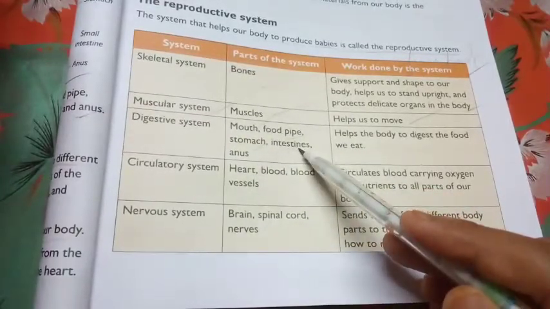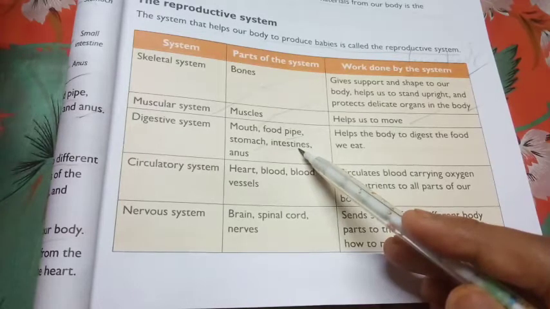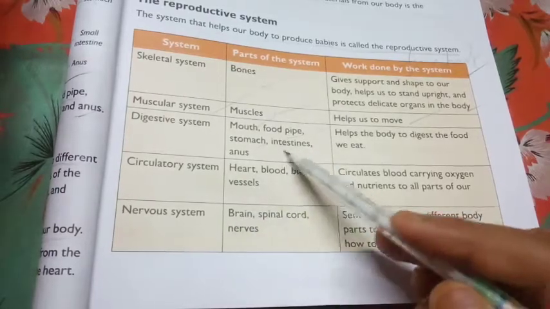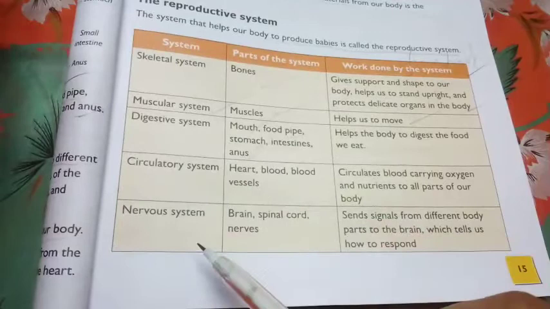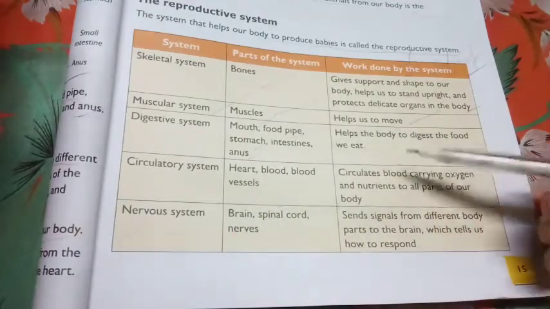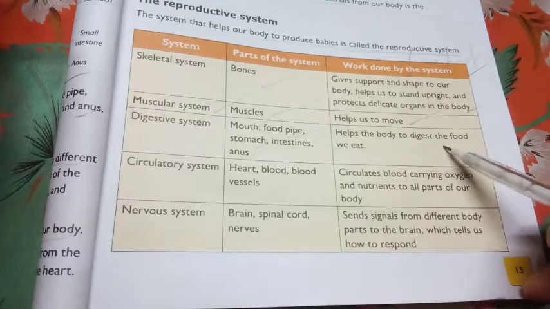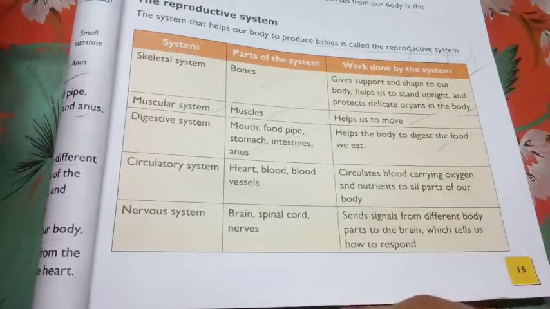There are two intestines, keep it in mind, large intestine and small intestine. Try to make it a habit to write down large intestine and small intestine separately. As you are a beginner, you can write it down, no problem. Next we have our anus. Function performed by the digestive system: it helps the body to digest the food which we eat.